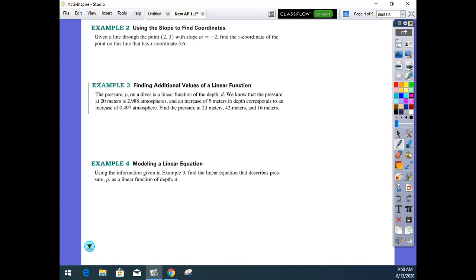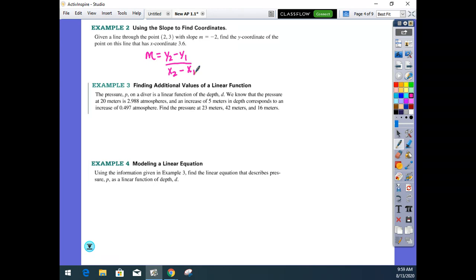All right, so using slope to find a coordinate. If we have a point, we know the slope. Find the y coordinate on the line that has the x coordinate 3.6. We know this is the formula. We're just going to plug stuff in.